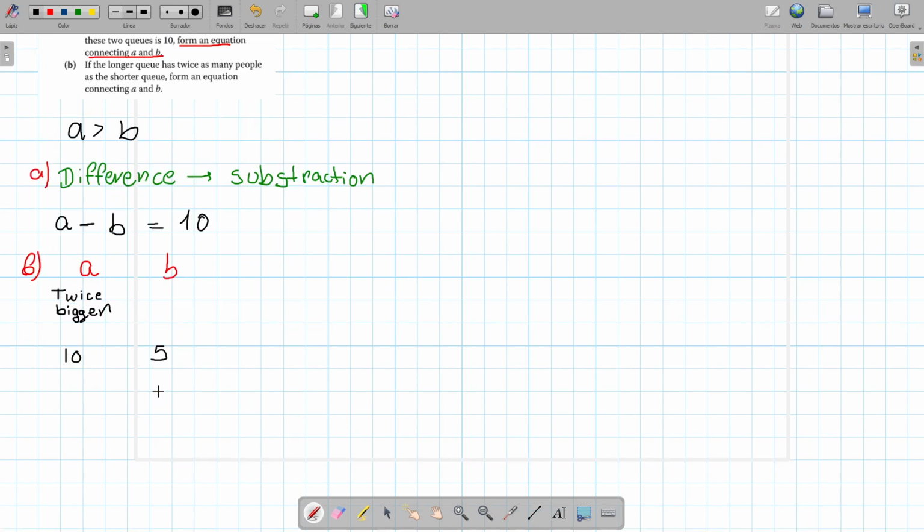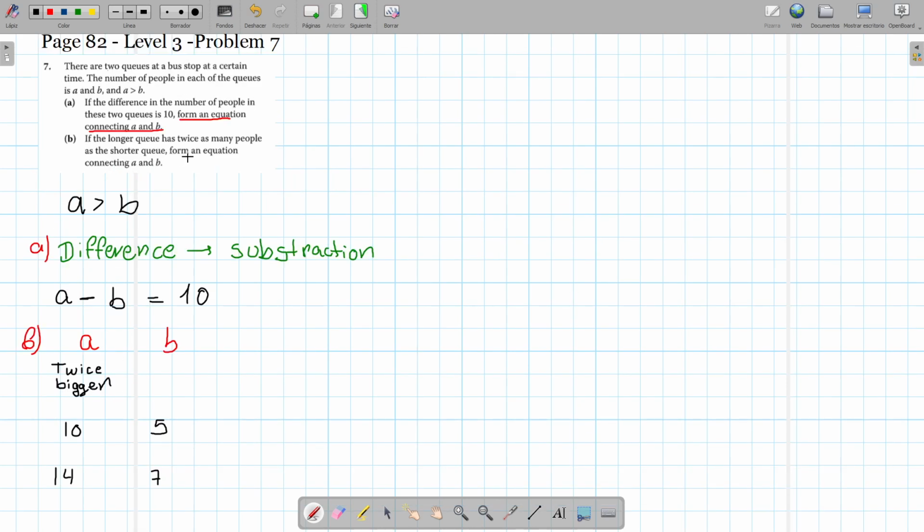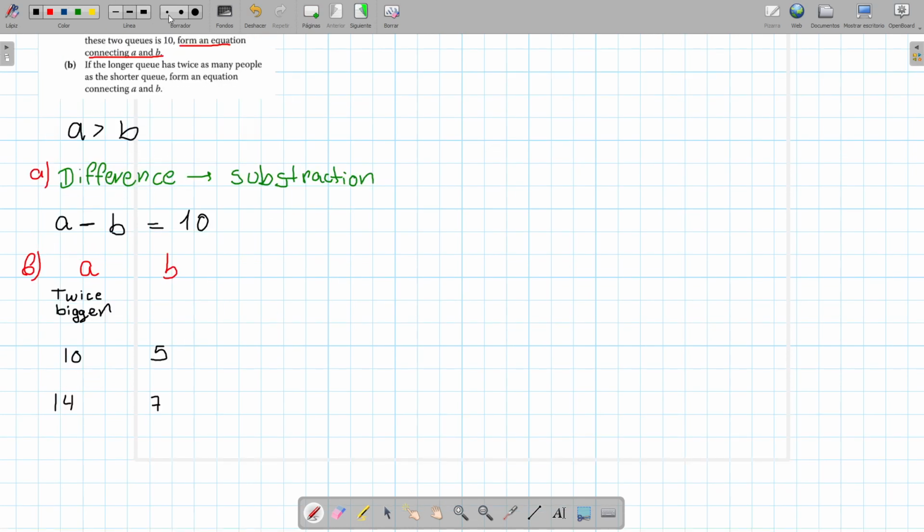If B has, for example, 7 people, A is going to have twice as much as this one, 14. So, in order to make them equal, because we have to connect this equation, what can we do? If we want to make these two the same, we have to put a number 2 here. 2 times 7 will be 14 as well. But instead of writing 14, that is the number of people in the queue A, we are going to write A.